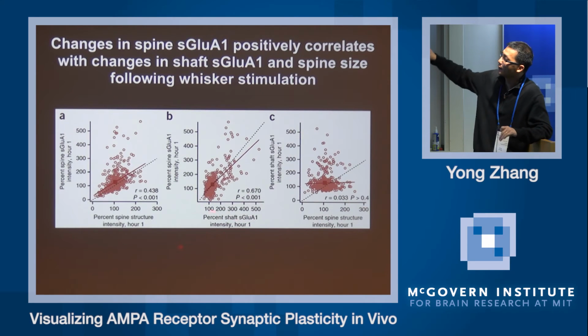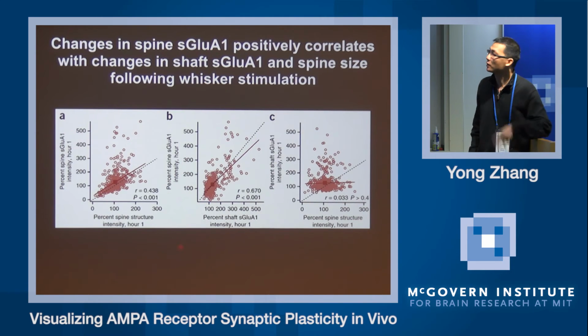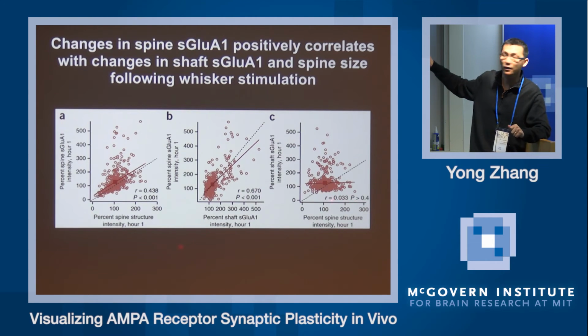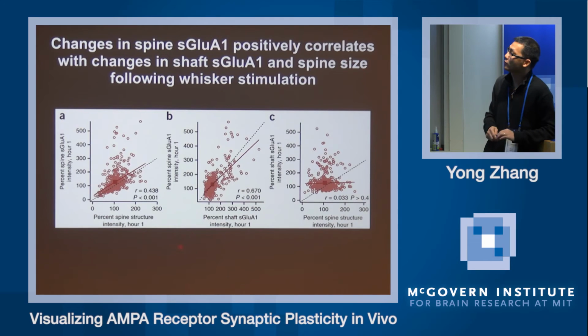Here you see a very good correlation between the changes in the shaft surface AMPA receptors and the spine surface AMPA receptors. Those two parameters are very well correlated with each other. On the other hand, no correlation is detected between the change in spine size and the change in the shaft surface AMPA receptors.